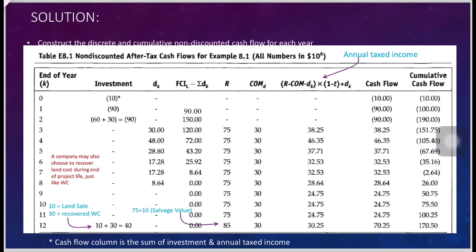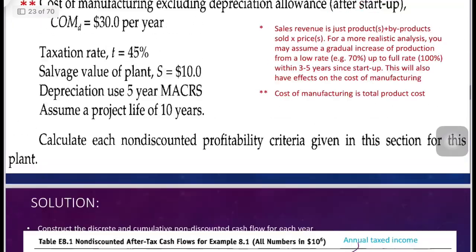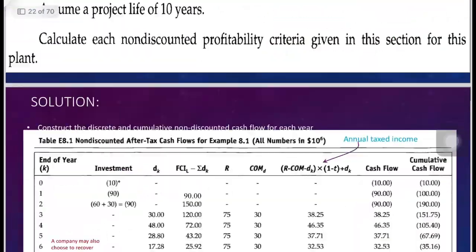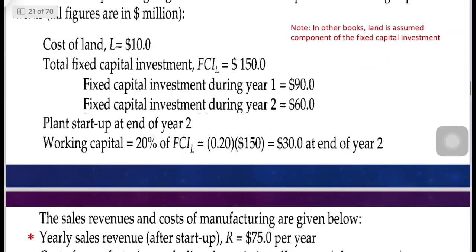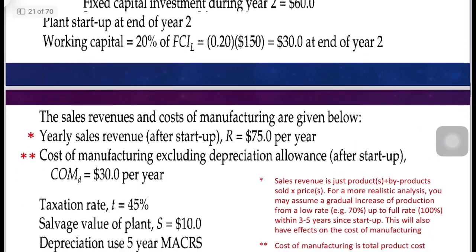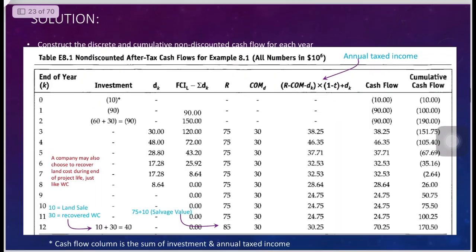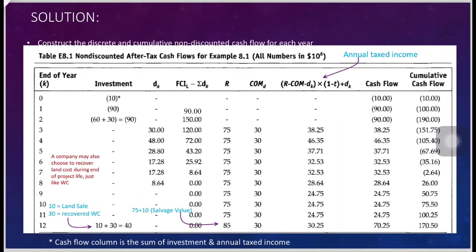And then as you can see in the investments, you have the investment of 10 million. So that 10 million is the cost of land. Then you have the fixed capital investment in year 1 as 90 and the fixed capital investment at year 2 is 60. So you have the 90 and the 60. Plus the 30 working capital. Okay?